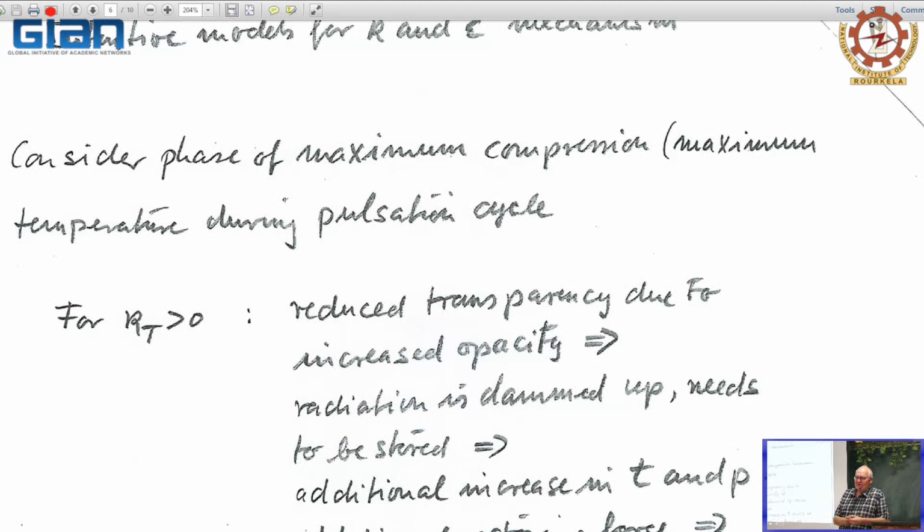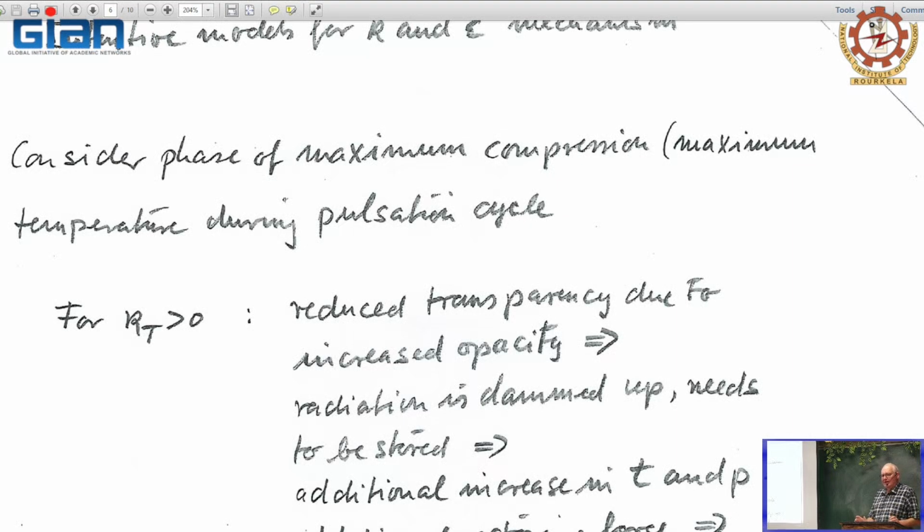If you have adiabatic motion and you have compression and decompression, density changes in the first place, then pressure changes. What happens to the temperature in adiabatic motion? Temperature at the phase of maximum compression will be maximum. So you have a temperature change during adiabatic changes of state. So in the phase of maximum compression, we'll have a phase of maximum temperature.